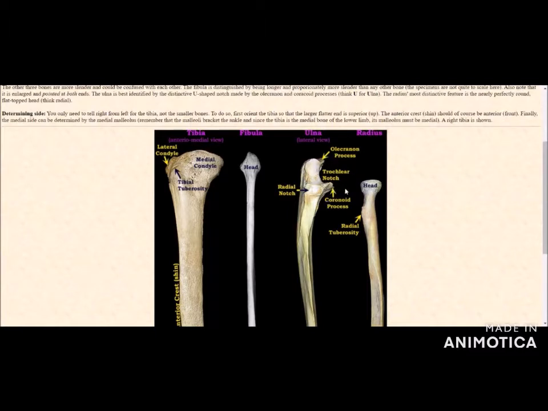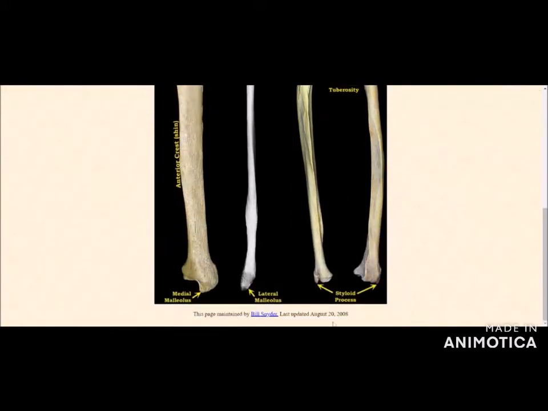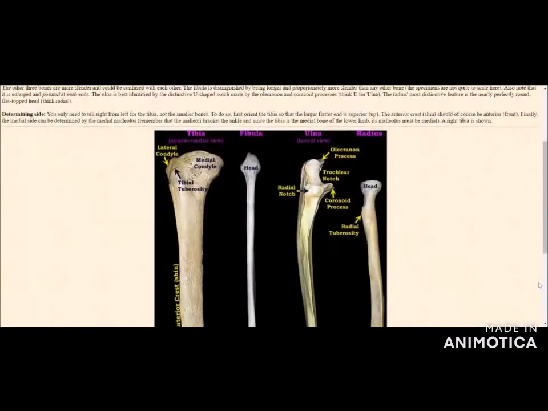We've got the coronoid process. There's this little radial notch here, which is where the head of the radius is located, and there are the styloid processes. And between the radius and the ulna, these two processes allow us to hold our wrist in place.